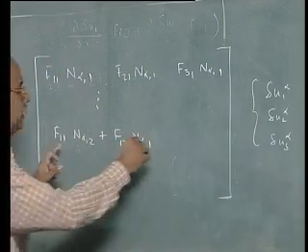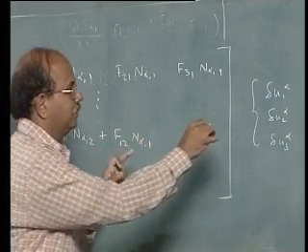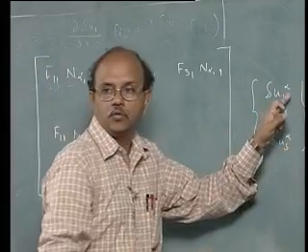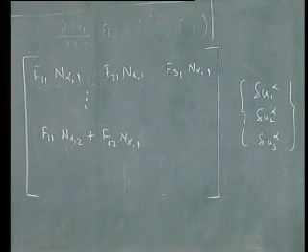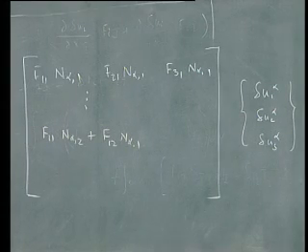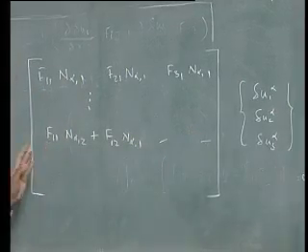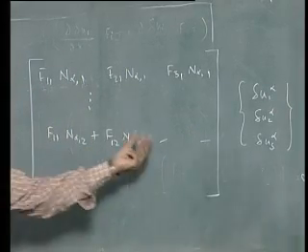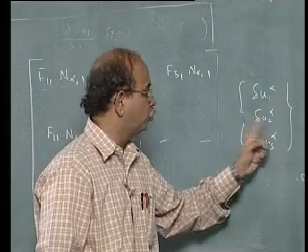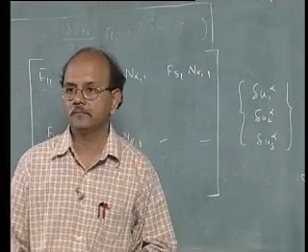This whole thing will be multiplied by delta u1 alpha, right. This will be the first term. Then there will be a second term, there will be a third term. The second and the third terms will be multiplied by delta u2 alpha, delta u3 alpha.